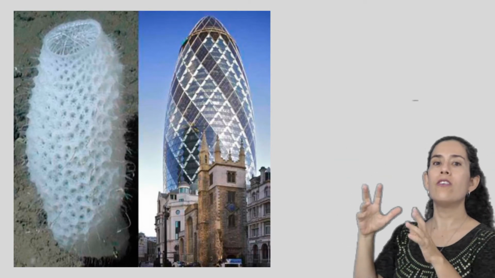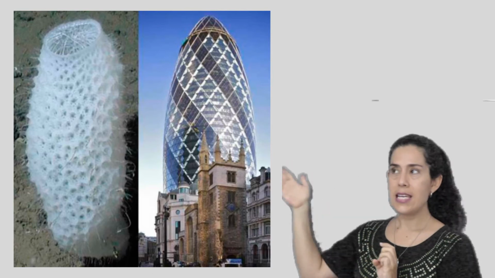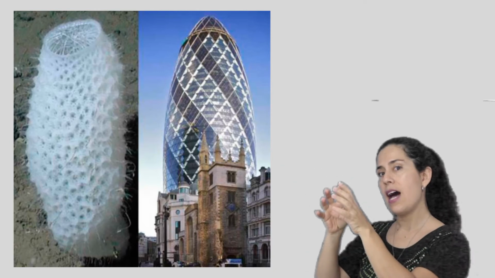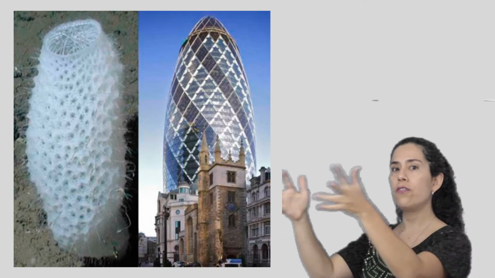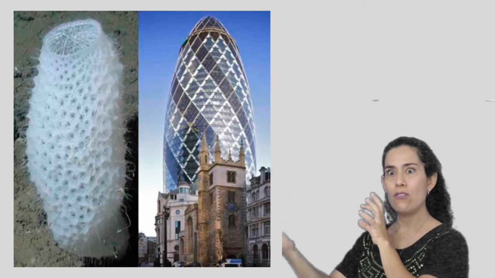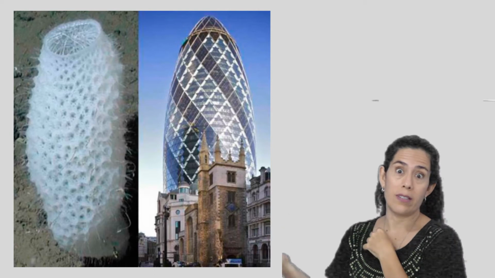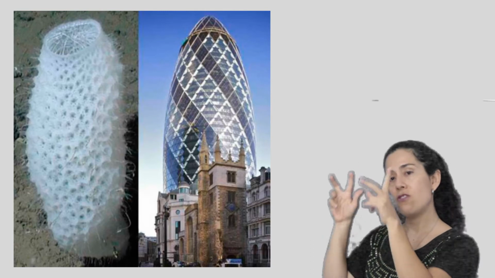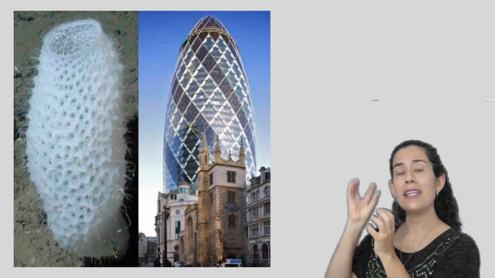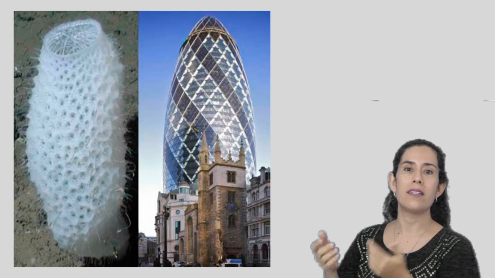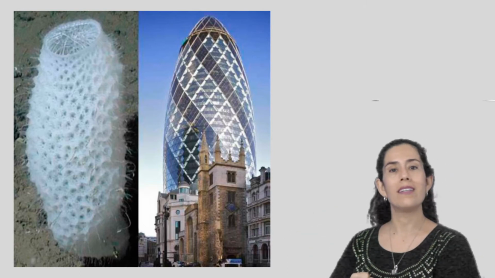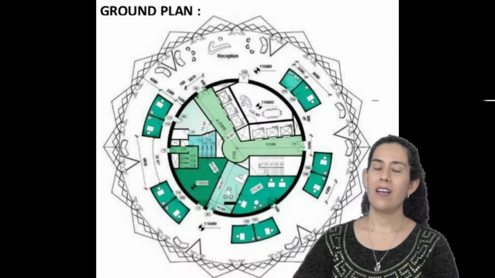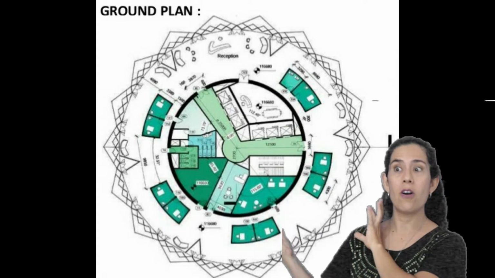The shape the sea sponge has allows the sea currents to flow through it and not damage it. There are no columns inside that affect the way the floor is designed and furniture is put. So the structure itself is what is copied.